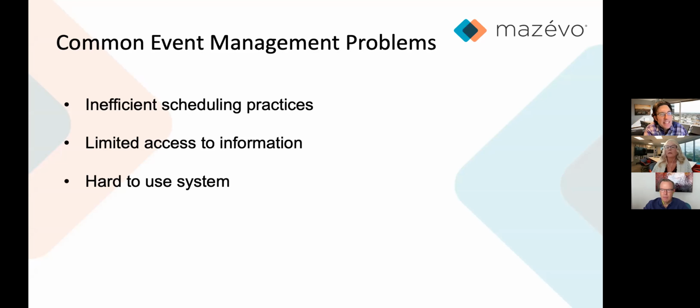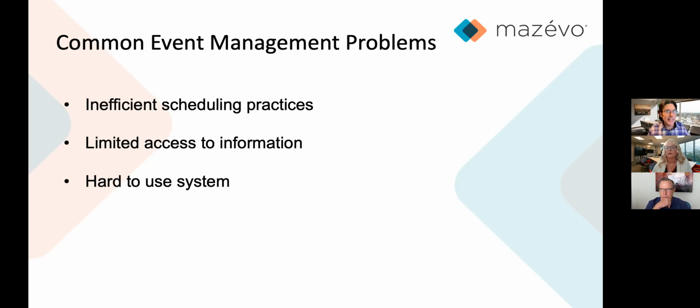The third thing we see a lot is that whatever system is in place is difficult to use. Where this most commonly manifests itself is with your customers, the staff, faculty, and students who are trying to request space on campus. They may know where to go. There's a form online that they can fill out to make their request.